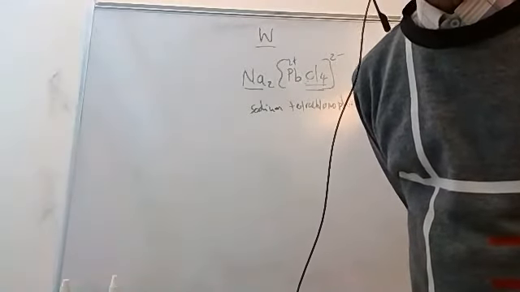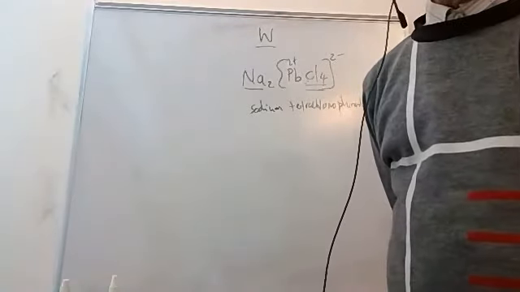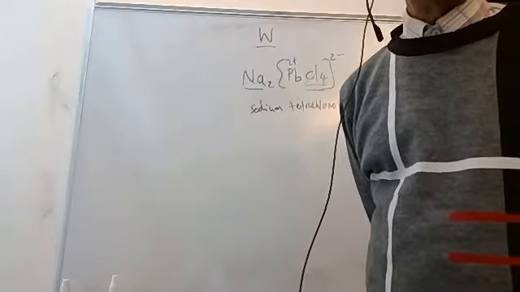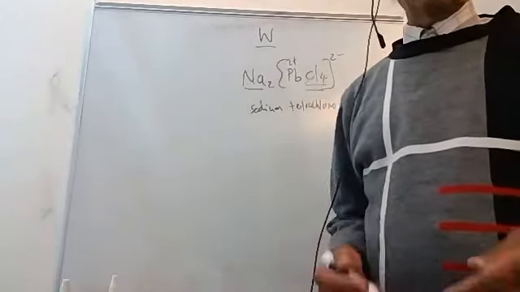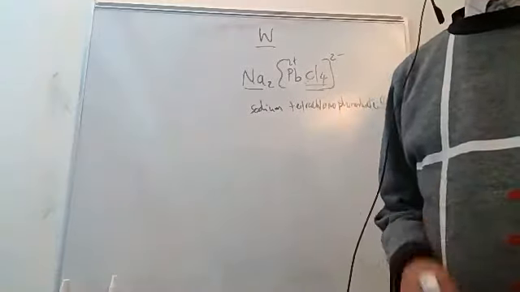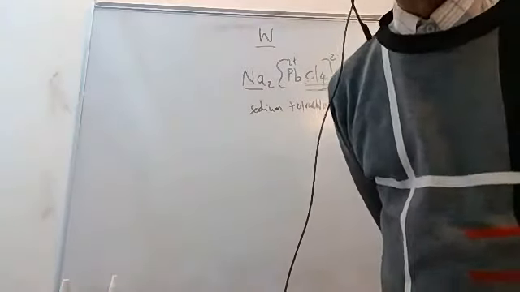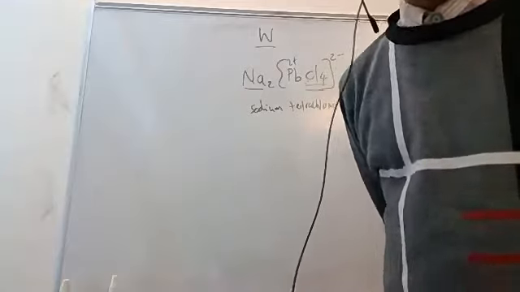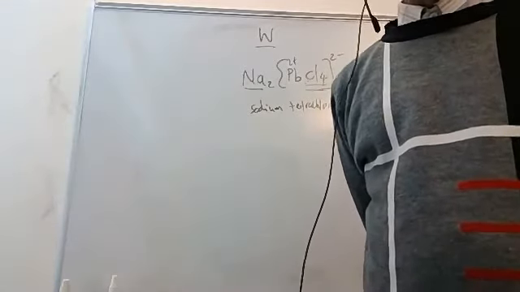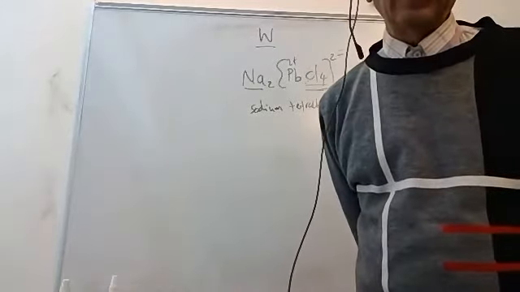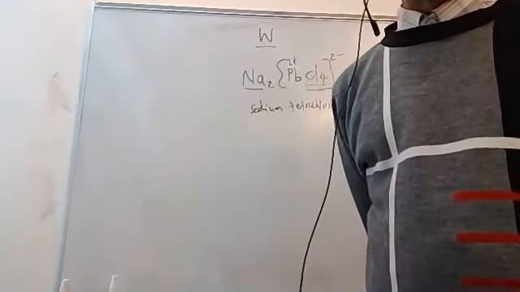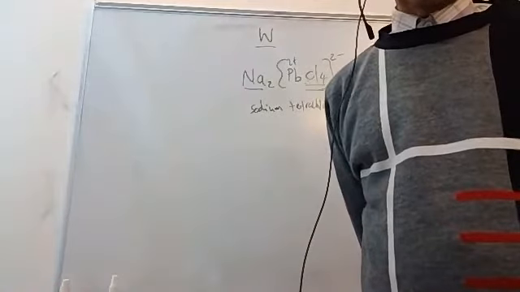So definitely this must have a different name. Anyone remembers what the name is? It's called wolfram. So wolframate. So we don't say tungstate, although sometimes people say that, but to be strict, we should always use the word wolframate.